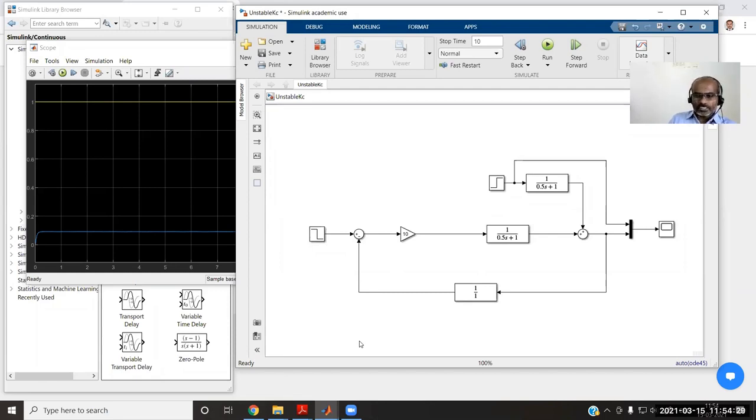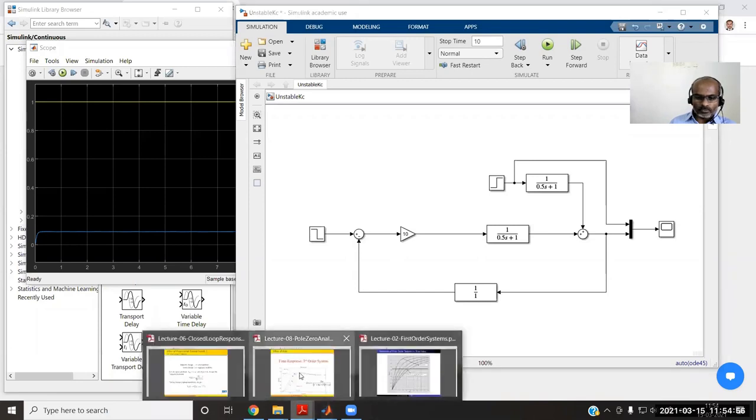To check the stability, we can analyze the roots of the characteristic equation, and based on the location of the roots, which are the poles and zeros, we can say something about the stability of the system. For a stable system, the roots should lie in the negative real axis, to the left of the imaginary axis.